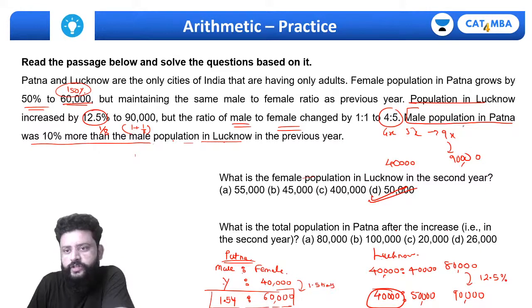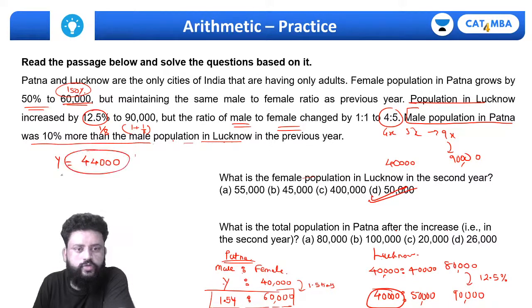The male population in Patna was 10% more than the male population in Lucknow in the previous year. Sorry, it's not 1.5y then. So y must be equal to 40,000 plus 10%, that is 44,000. So 1.5y must be 66,000.